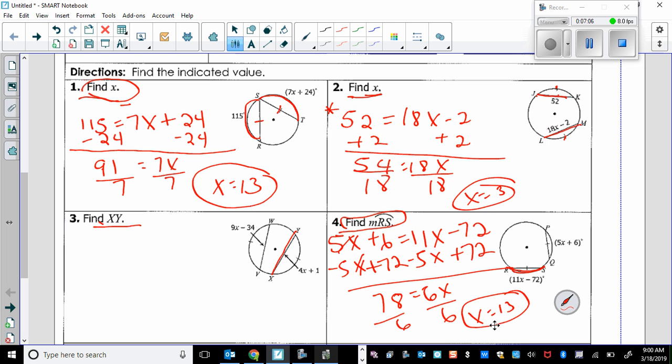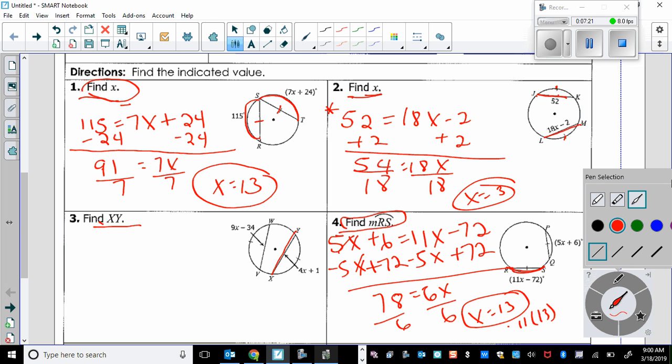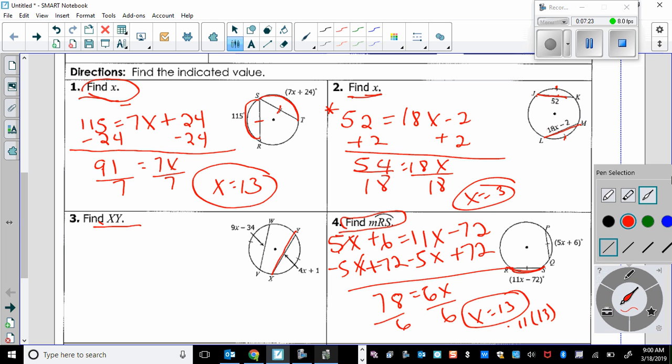So I have to do 11 times 13 minus 72, right?